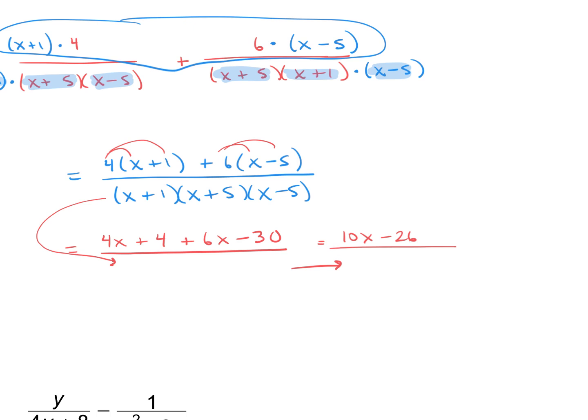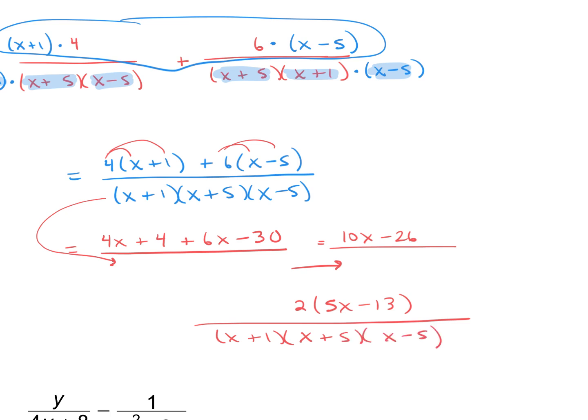So 10x minus 26 does have a GCF of 2. That will leave us with 5x minus 13 over, now I am going to write in that common denominator, x plus 1 times x plus 5 times x minus 5.